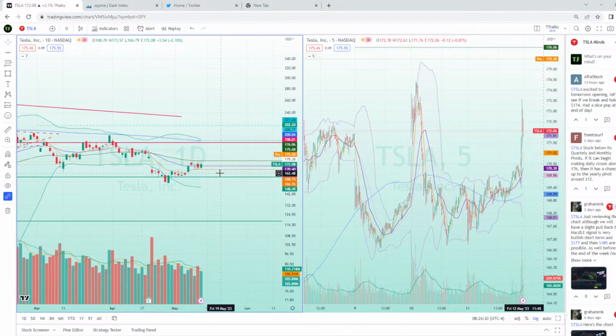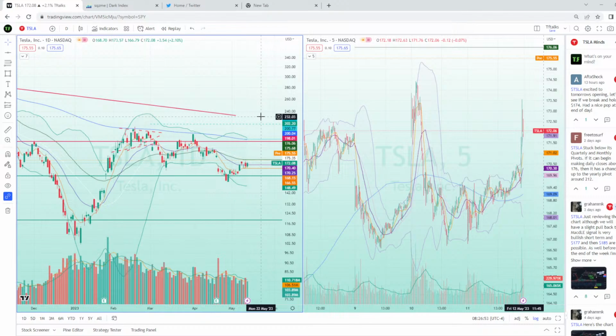So this level is a consolidation level. Once Tesla breaks over 175, we could see the stock go all the way to 180 to 199. As long as the stock breaks the 200 level, we could easily see Tesla go above 220.